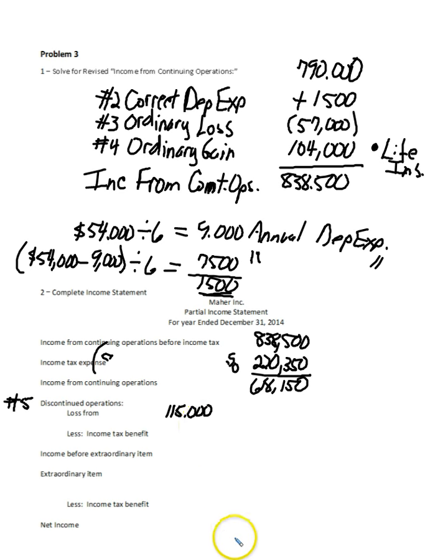So $115,000 loss. And then there's an income tax benefit, so we'll take that times 30%. So 115,000 times 30% gave them some tax savings of $34,500. Okay, then let's net those to a net loss of $80,500.